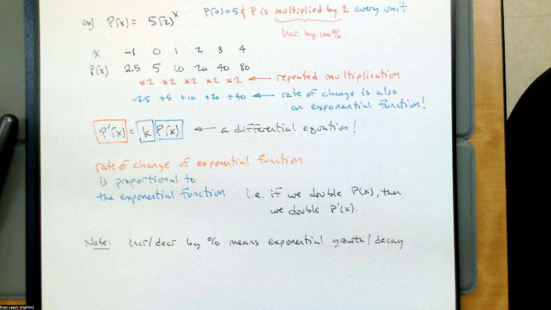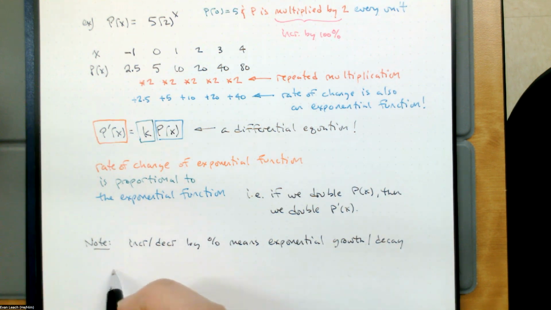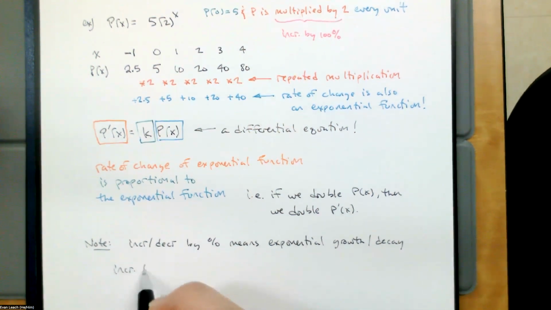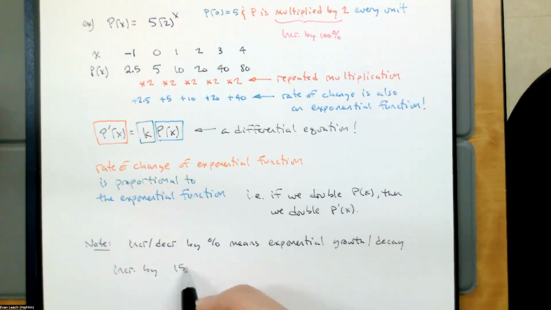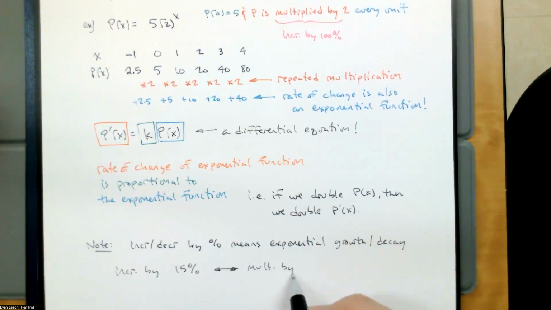So an increase or a decrease by a percent will represent exponential growth and decay. If we see something that says increase by 15%, we can translate that to multiply by 1.15.